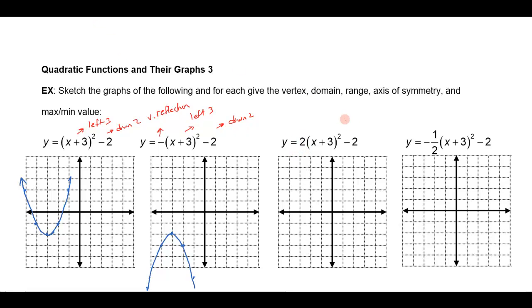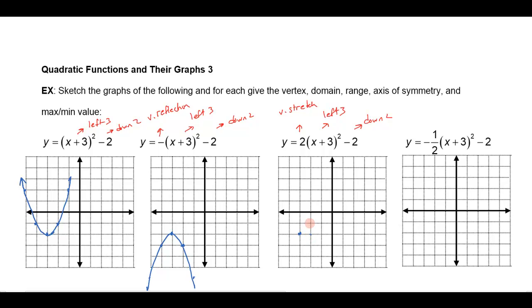Alright, how about if I have a 2 here? Well, again, this is still going to go down 2. It's still going to go to the left 3. The 2, though, is a vertical stretch. So I would go to the left 3 and down 2. And what the 2 tells me here is that instead of my normal x squared dimension, it's going to be a little skinnier. It's going to stretch this value.